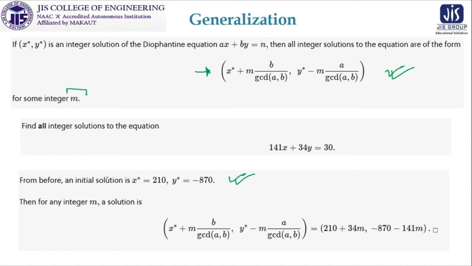So for any integer m, if we take the solution as x star plus m into b by GCD of ab, where b is 34 here and GCD of ab is 1, putting these values in this structure, we will get this one. But look at the question. The question is find all integer solutions, not any integer solutions, all integer solutions. How to find it out? Let us check.